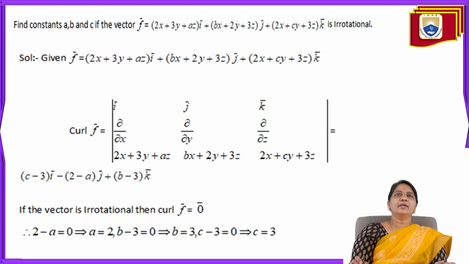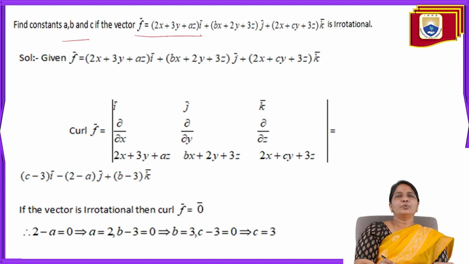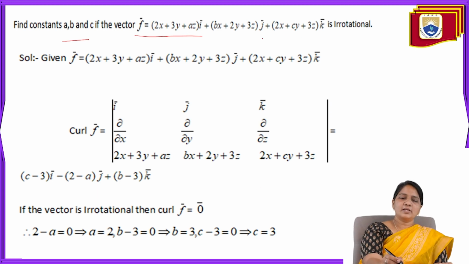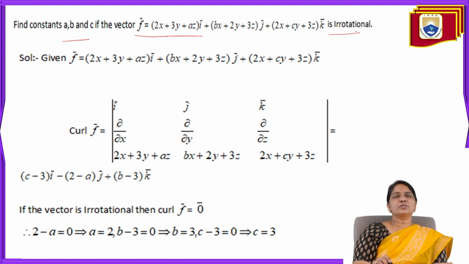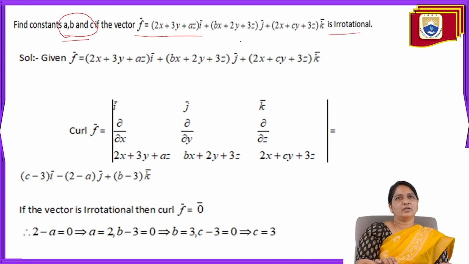So here, find a, b, c if the vector f bar equals (2x plus 3y plus az) i bar plus (bx plus 2y plus 3z) j bar plus (2x plus cy plus 3z) k bar is irrotational. In the question, we have to find the constants a, b, c in the vector f.